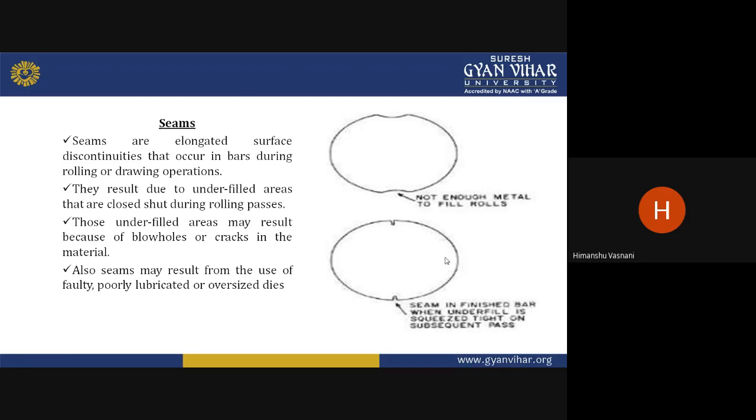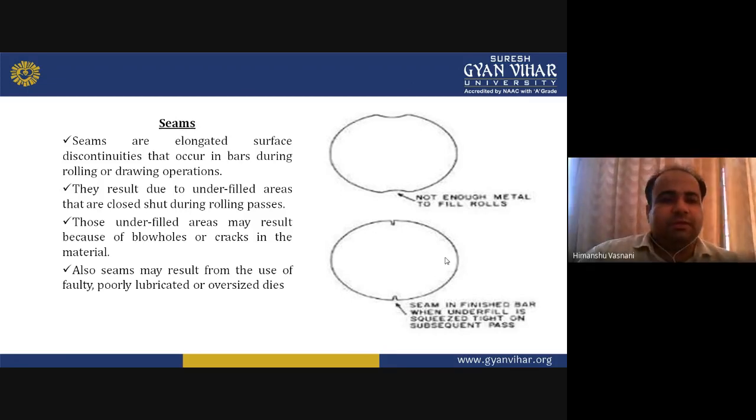Maybe due to less metal being available. They result from underfilled areas that are closed shut during the rolling process. This is due to the negligence of the worker. If the worker is not aware of the do's and don'ts while operating the rolling process or rolling passes, then this kind of issue occurs.